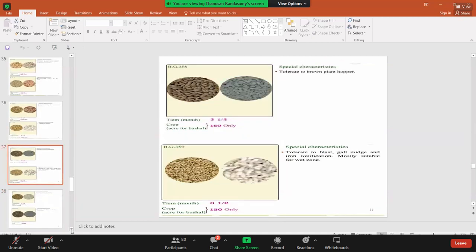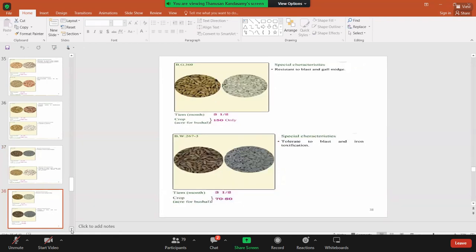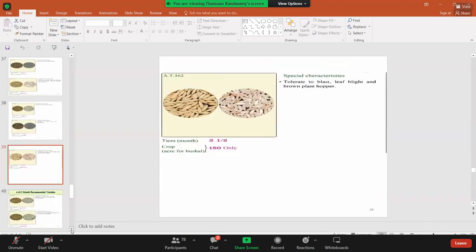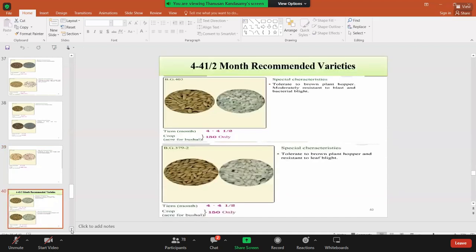Okay, here also some varieties. BG358. You can look at this BG358 color and 359. Okay, 362. Then 4 and 4 common variety. This takes more time, no?